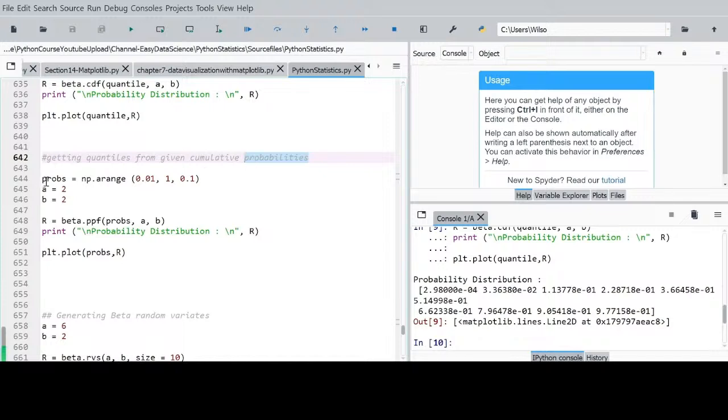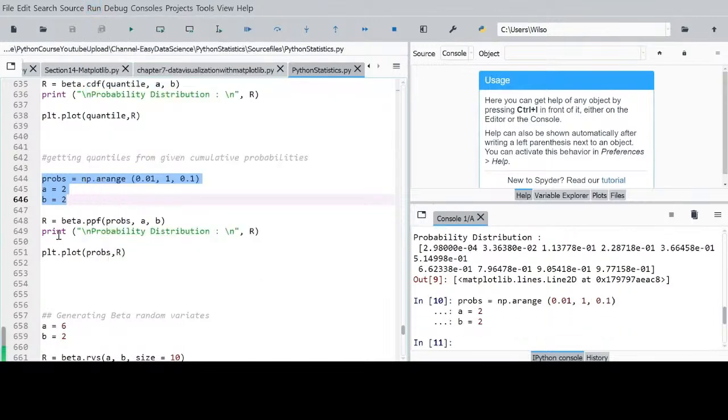So we create an array called probables, also between 0 and 1, with the gap 0.1. And we set A and B, alpha and beta, both equal to 2, same as before. So next, the function is beta.ppf, which is used to calculate the quantiles, or calculate the random variable values, based on the given probabilities.